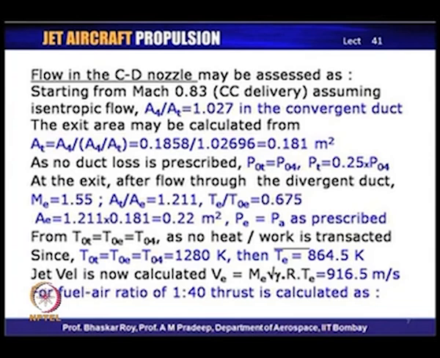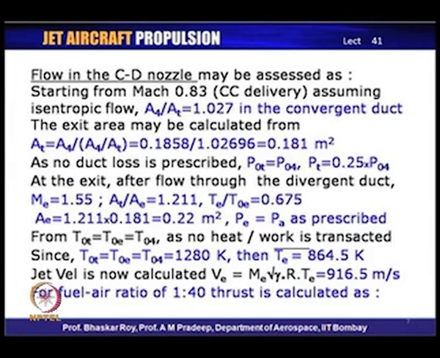Now, since no heat or work has been transacted, the total temperature of course remains constant, and hence remains the same as T04 that was prescribed as the combustion delivery temperature, that is 1280 K, and hence the static temperature at the exit now would be 864.5 K. Using this, one can now find the jet velocity at the exit, Ve equal to Me root over gamma R Te at the exit face, and that would be 916.5 meters per second.